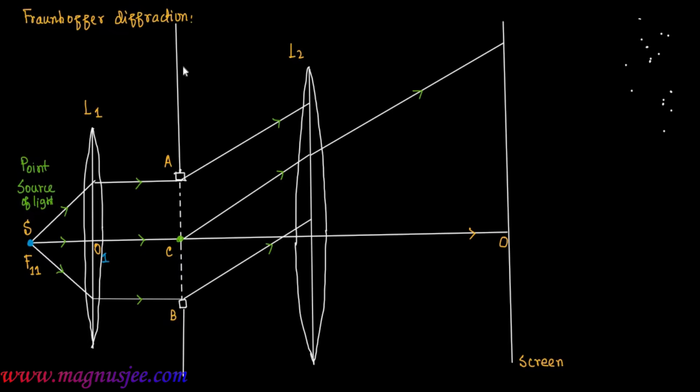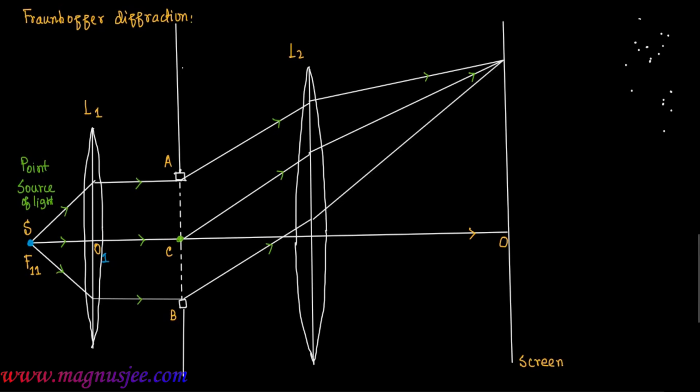After diffraction, the secondary wavelets are refracted through the convex lens L2, and from the lens L2 the diffracted rays converge.